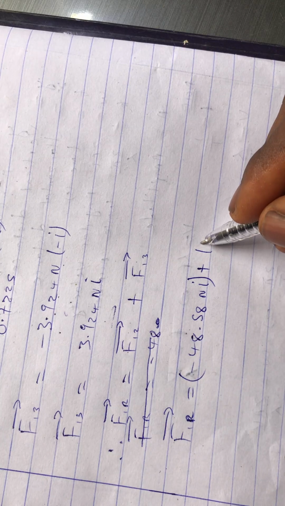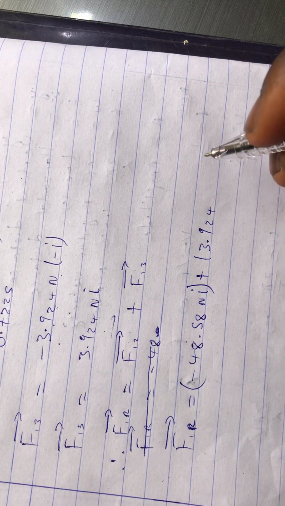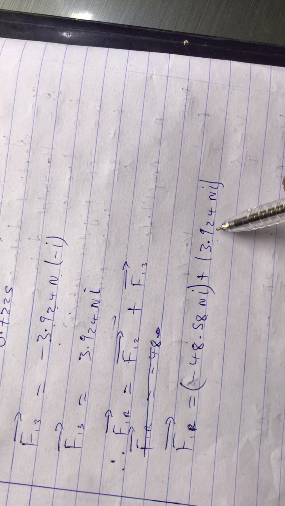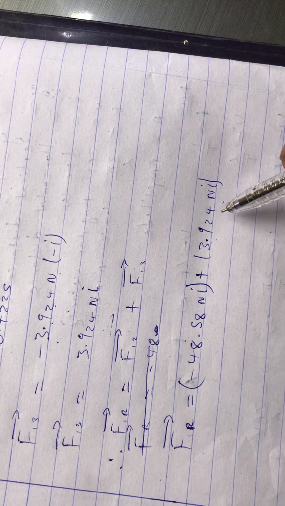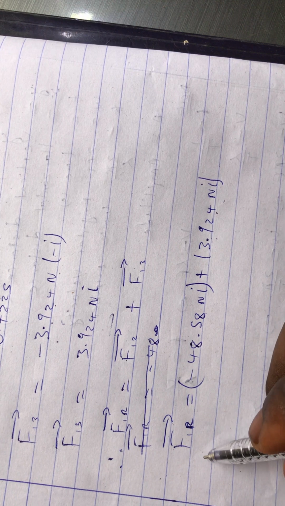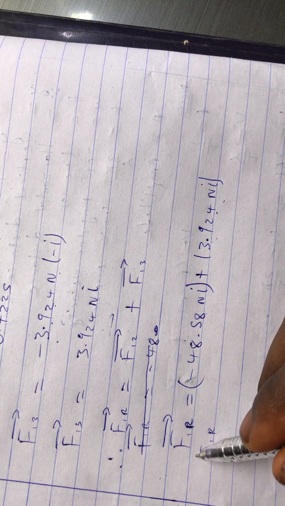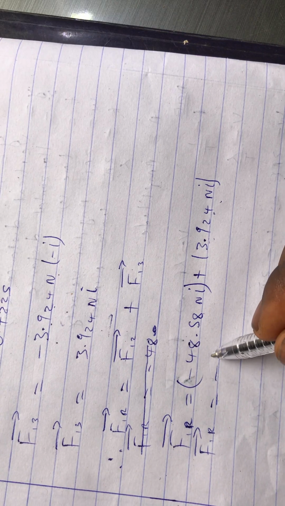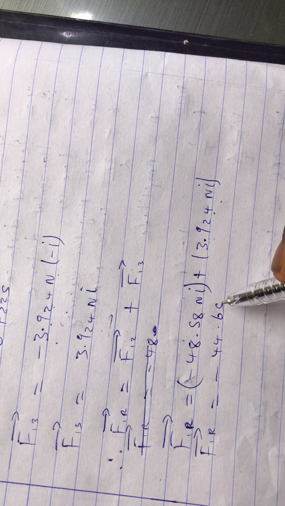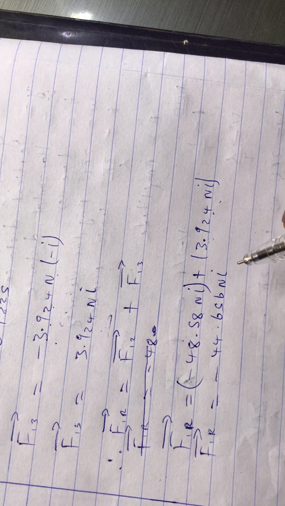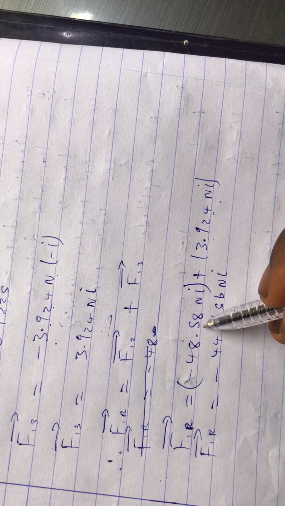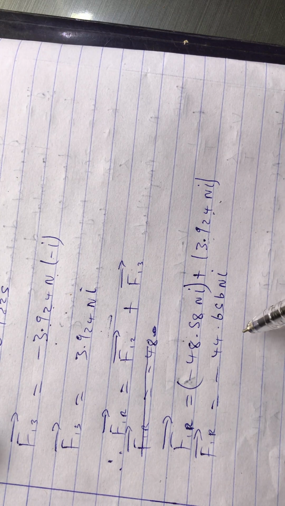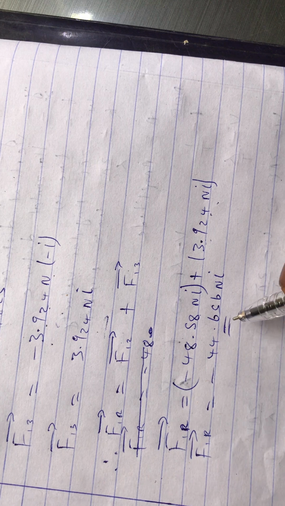That is going to give plus 3.924 Newton I. We do minus 48.58 plus 3.924. The resultant force on 1 will now give you minus 44.656 Newton I. When you do minus 48.58 plus 3.924, this is what you're going to get. And here is our final answer.